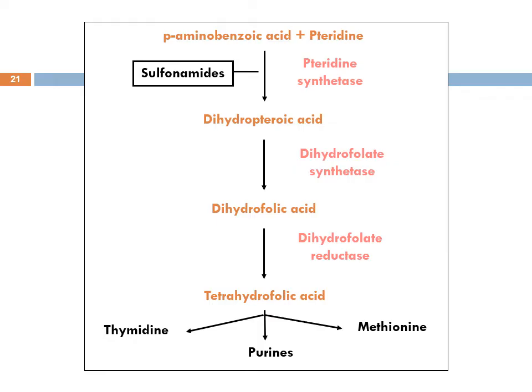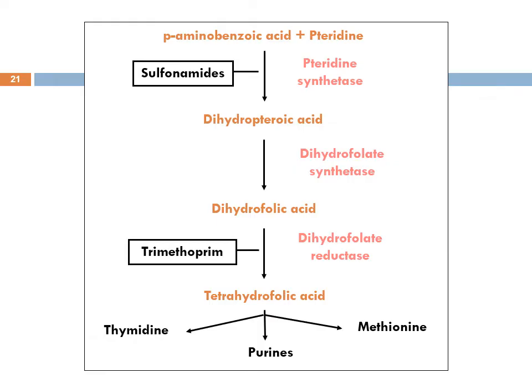It will suppress this enzyme and stop the progress of formation of folic acid, which is essential to form the nucleic acid nitrogenous bases, the purines. So this is the role of sulfonamides.